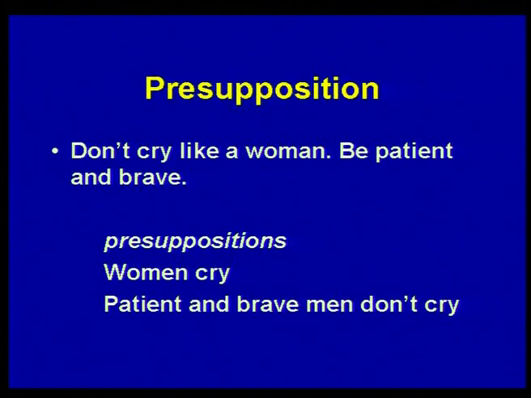Take another, a little problematic sentence which we keep listening to all the time around us. A sentence like, "Don't cry like a woman, be patient and brave." Think of the concepts it presupposes or entails. It means women cry, women are not patient, women are not brave, and also men don't cry.